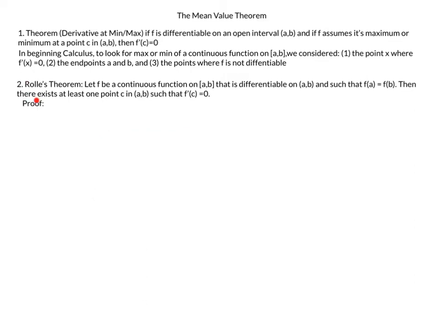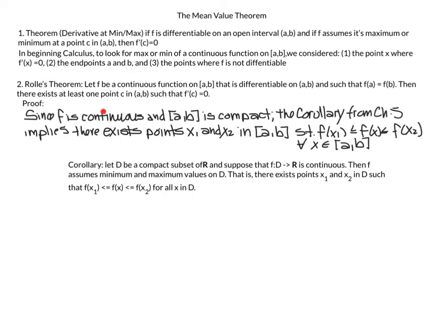And now we need to be able to prove Rolle's theorem. Since f is continuous on this closed set, which means it contains its endpoints and therefore is compact, then from this corollary, which says that if we have a compact set D and f is continuous on that compact set, then f assumes min and max values on D. That is, there's x1 where f of x1 is a minimum, so it's less than all values of f of x, and x2 is where f of x2 is a maximum.